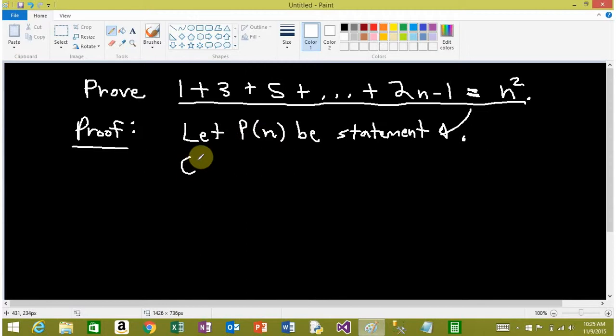And then let's check that P of 1 is true. Check P of 1. And when we do that, on the left side, we get 2 times 1 minus 1.